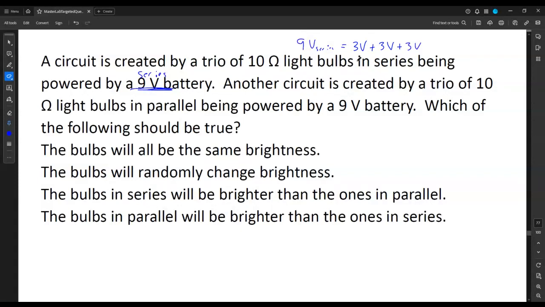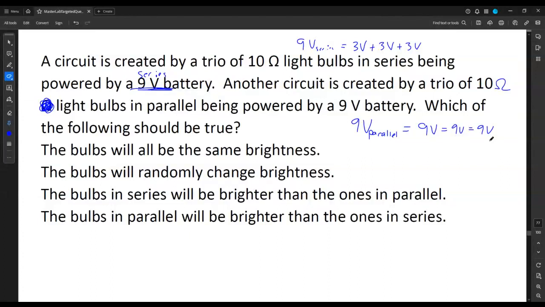Okay, let's think about what this means compared to 10 ohms in parallel. So units got suspended on the next line, but that's okay. So in parallel, if we have 9 volts, then that's going to turn into 9 volts and 9 volts and 9 volts. And so it's kind of weird, but that same potential splits and goes along all the different paths, possible multiple paths around the circuit.